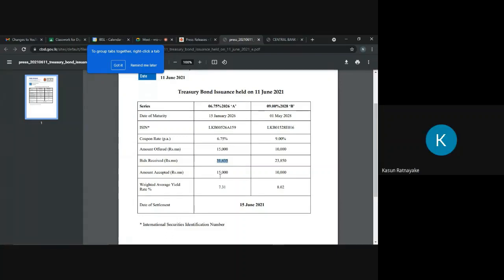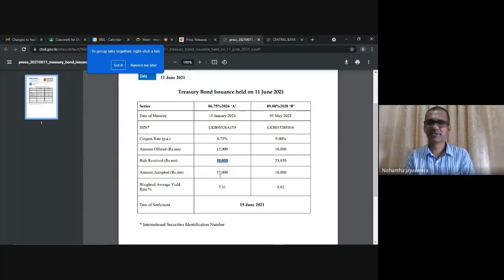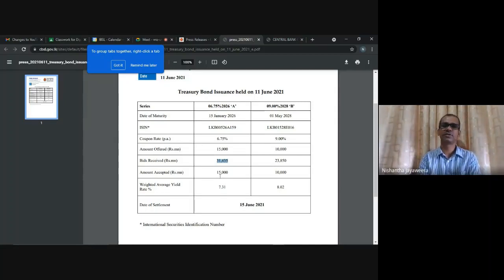Sir, most banks should be quoting rates at the maximum, the maximum rate mentioned by the central bank. Not necessarily. That depends on your liquidity position and what you think about interest rates in the future.